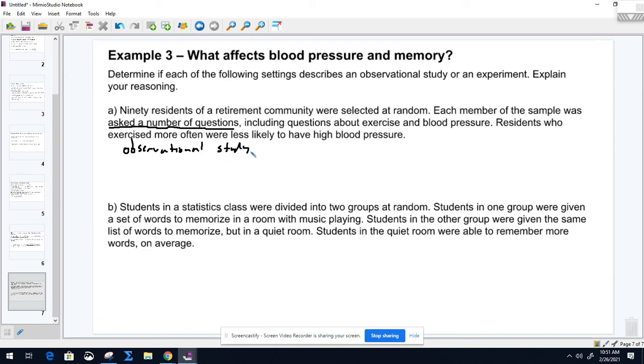Okay. And then I need to explain my reasoning here. So there were no treatments imposed. That is not how you spell treatments. Okay, so there were no treatments imposed on residents of the retirement community.